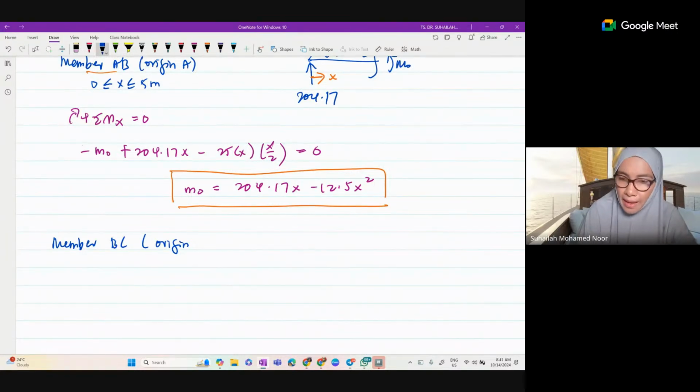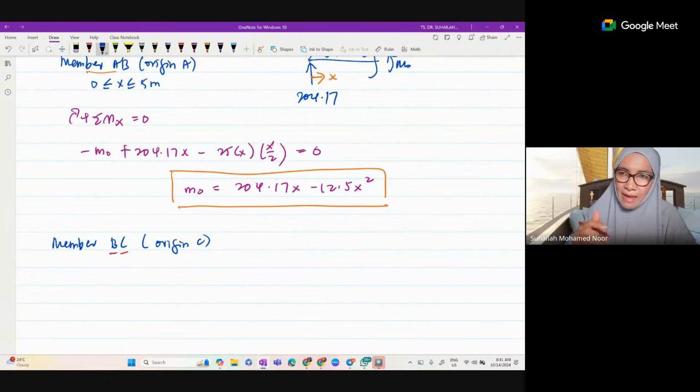Both can. Okay, normally kalau tak nak confuse, you pilih origin yang ada salah satu kat sini. Ini yang paling senang sekali. Kalau member BC, B can be origin, C can be origin, so that your limit akan always start from 0. Kalau origin is B, limit 0 to 5. Kalau origin dekat C pun limit 0 to 5. So this time I want to choose C as origin.